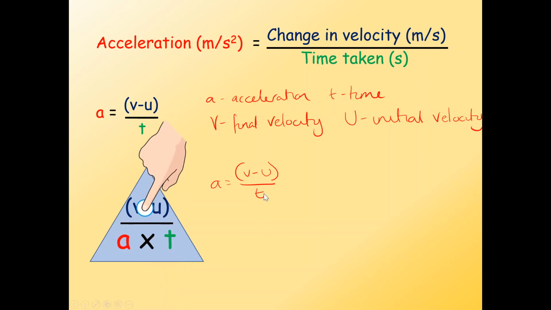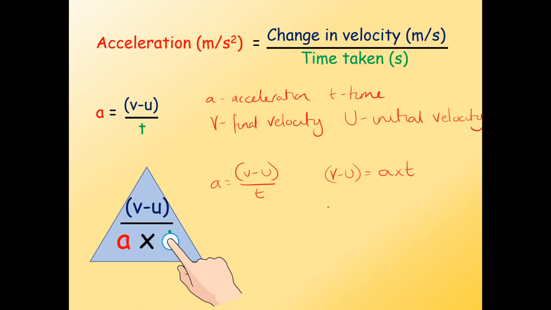If we cover up the change in velocity, so we want to work out the change in velocity, you'll see we have acceleration times time. And then finally, if we want to work out time, we have the change in velocity divided by the acceleration. Okay, let's look at a worked example now.